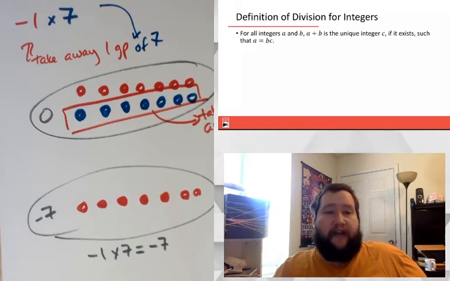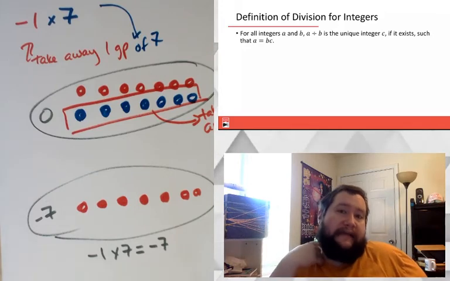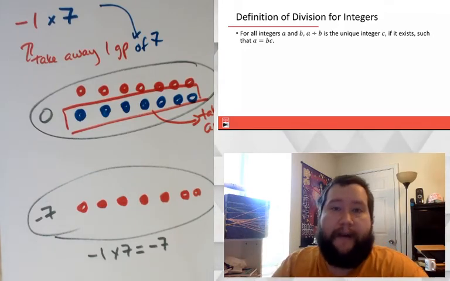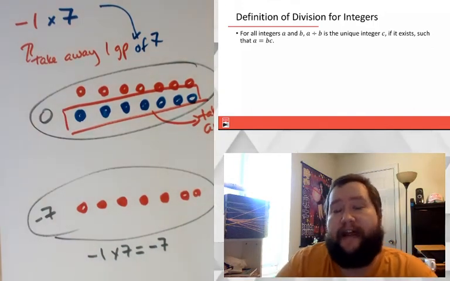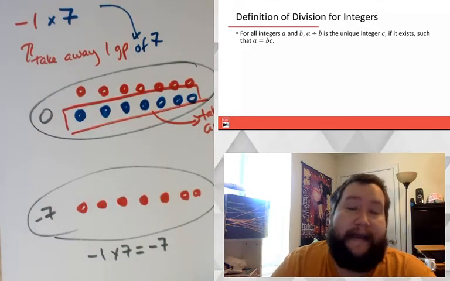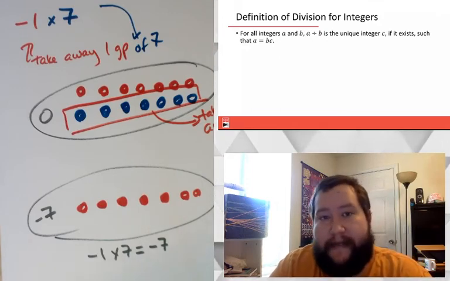There couldn't be any fractional parts. We had to talk about how many times it would go in and the remainder perhaps, but our result had to be a whole number. And likewise here we're requiring that they be integers, so we still don't have fractions. So 4 divided by negative 2 is defined, but 4 divided by negative 3 isn't.